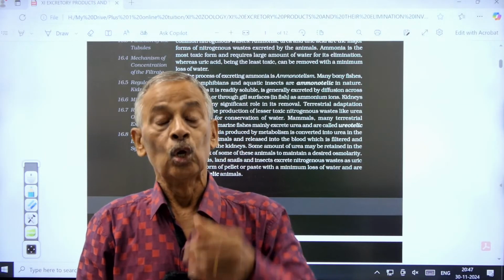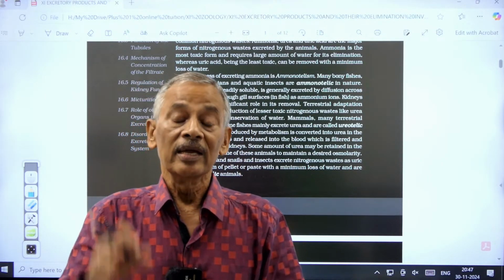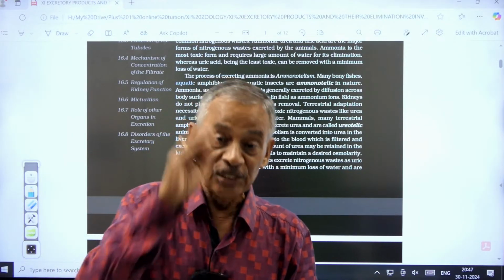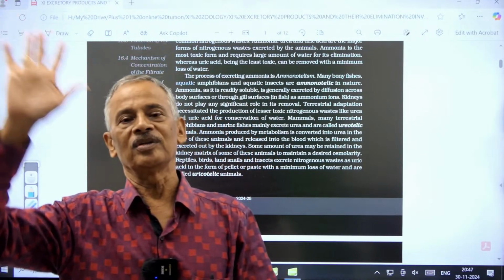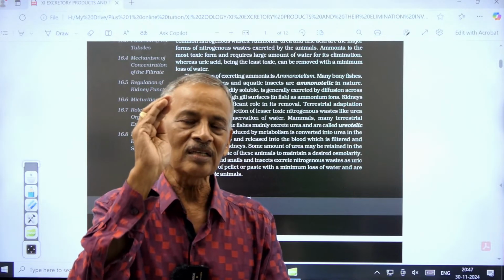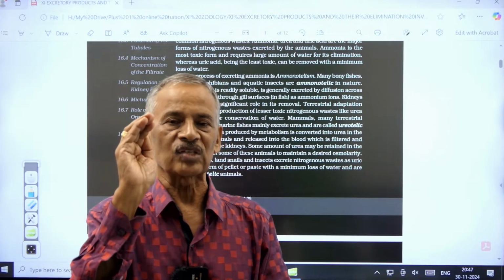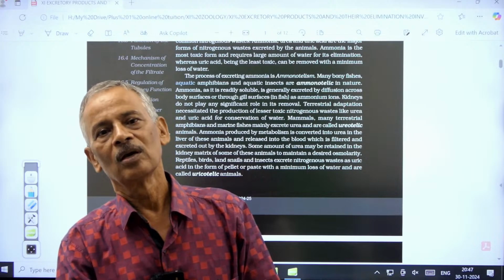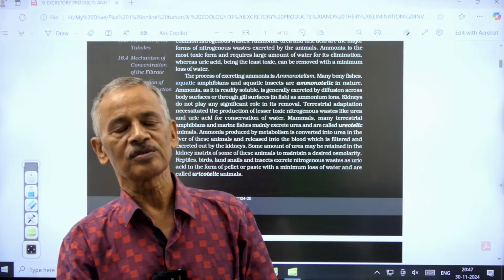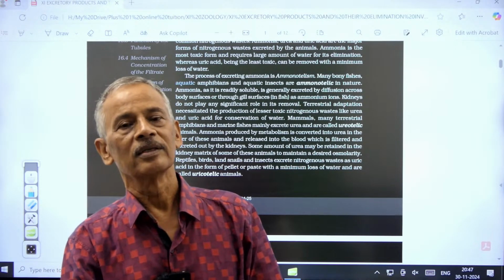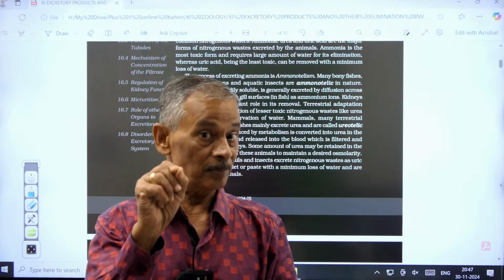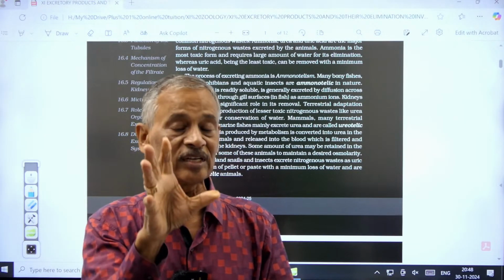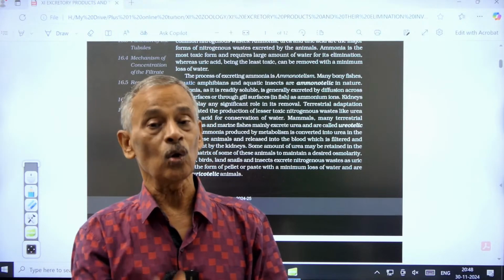Second one, urea can be made into a concentrated solution. So with a little amount of water, it can be sent out. So the water that is lost during their excretion is only smaller in quantity. So that is the second advantage. Okay. Still, remember, urea is sent out in the form of concentrated solution. Some amount of water is still lost.